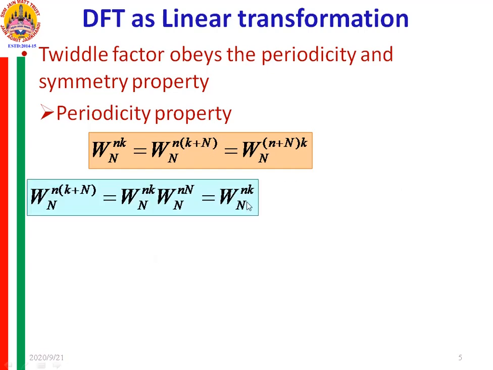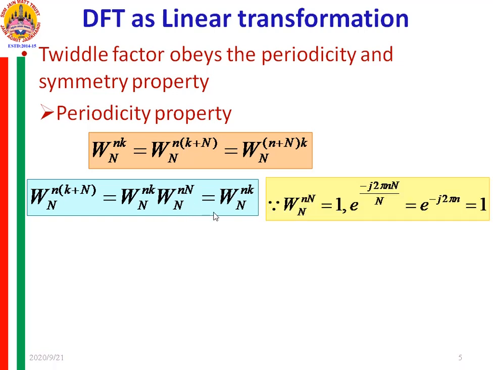So for example, suppose I am splitting W raised to n into bracket (k plus N), you will get W raised to nk_N and W raised to nN_N. Now what is the value of this W raised to nN_N? It is 1, because W is e raised to minus j 2 pi by capital N, and you substitute this nN here.